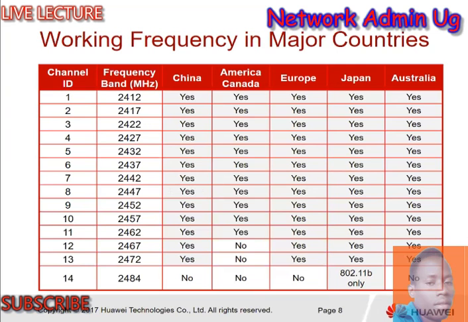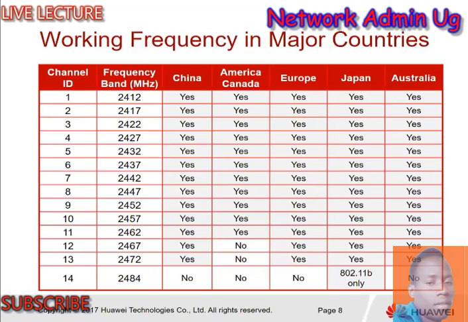These frequencies work in various countries, and each country has its own frequency bands and channels. For example, when you look at the channels, because we said the 2.4 gigahertz frequency band gives you up to 14 channels, only 11 are used within the United States of America, and China uses 13.